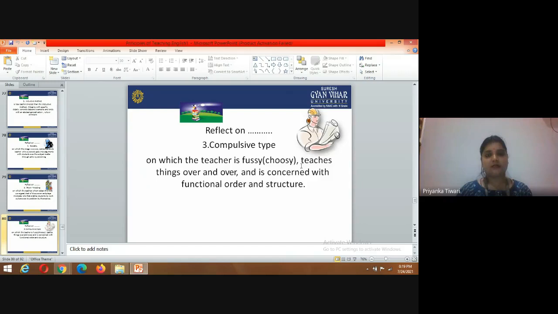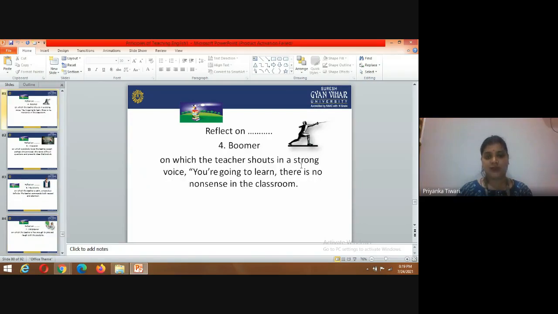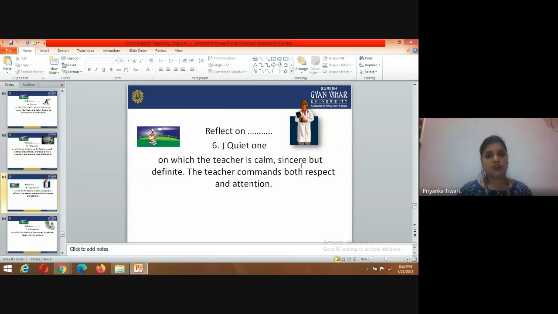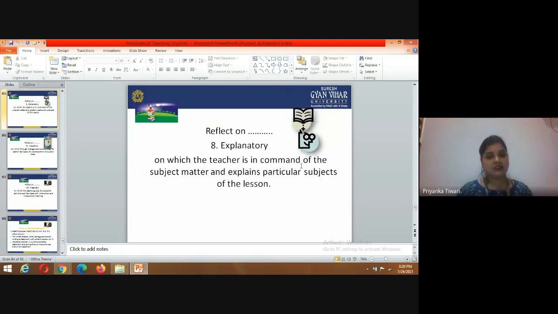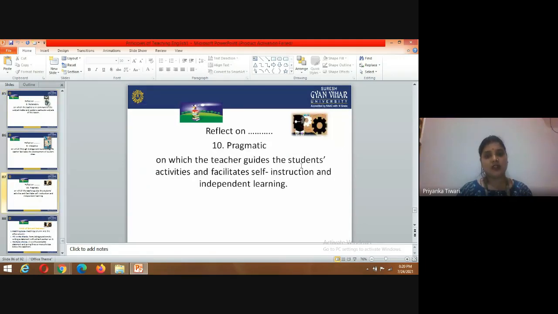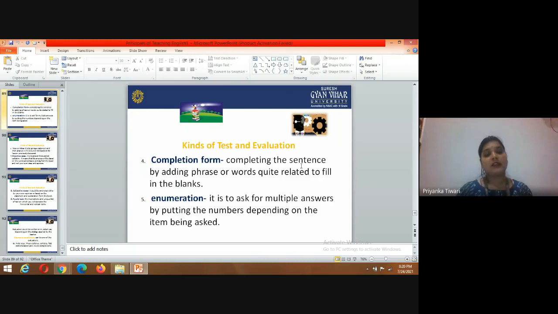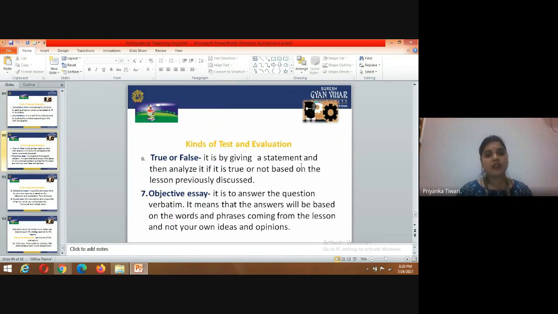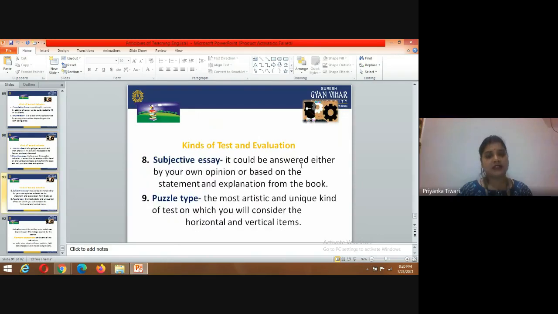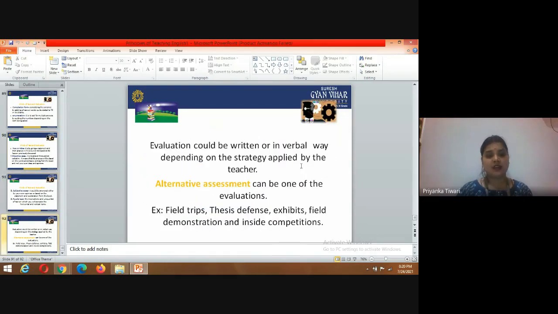Also we have discussed reflect on compulsive tribe, and then after, the boomer, in which the teacher shouts in a strong voice, and also we have discussed entertainer, experiential, interactive, pragmatic, and matching type, filling the blanks, multiple choice, kinds of test, evaluation, completion form, true and false, objective essays, subjective essays, puzzle type.